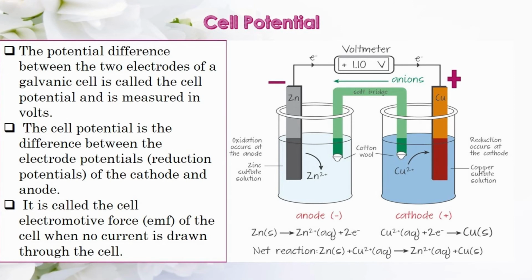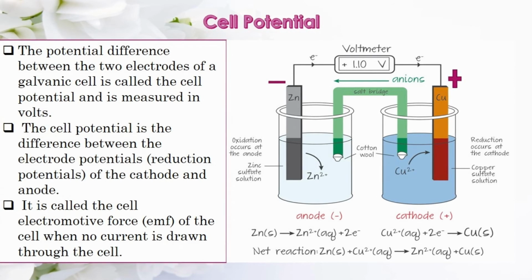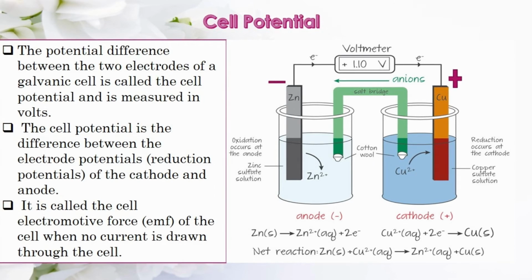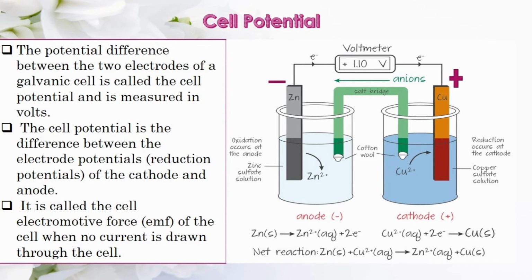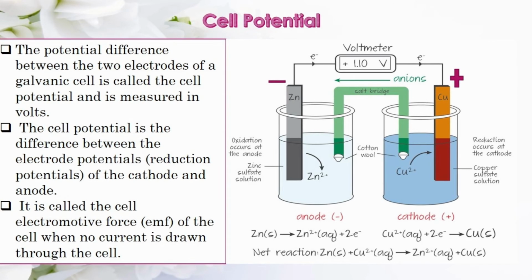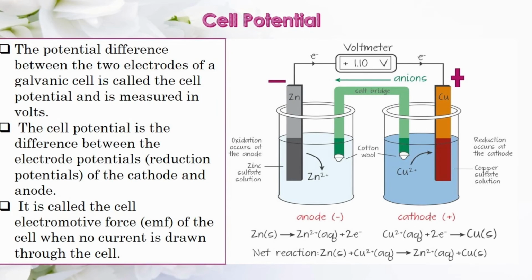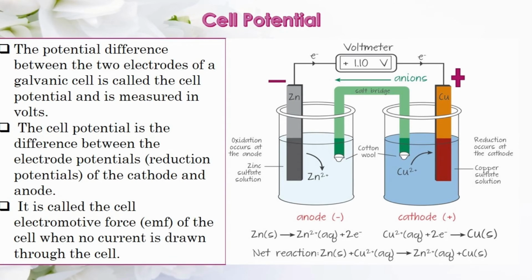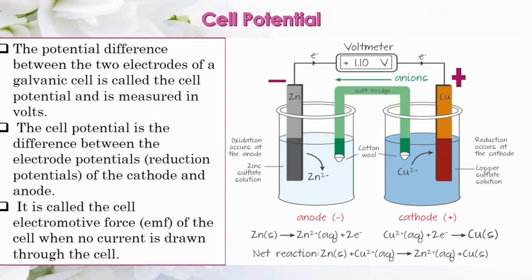As a result, the zinc electrode will carry a negative charge. In the other half cell, copper ions from the copper sulfate solution will undergo reduction and deposit on the copper electrode. So the copper electrode will have a positive charge.